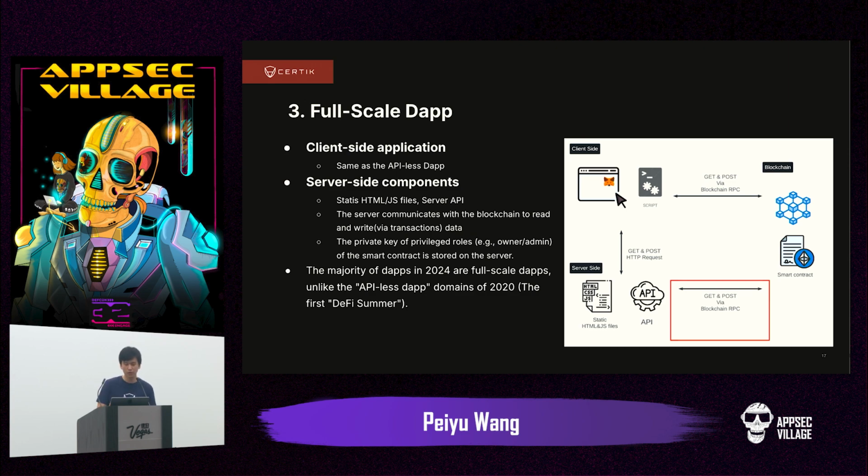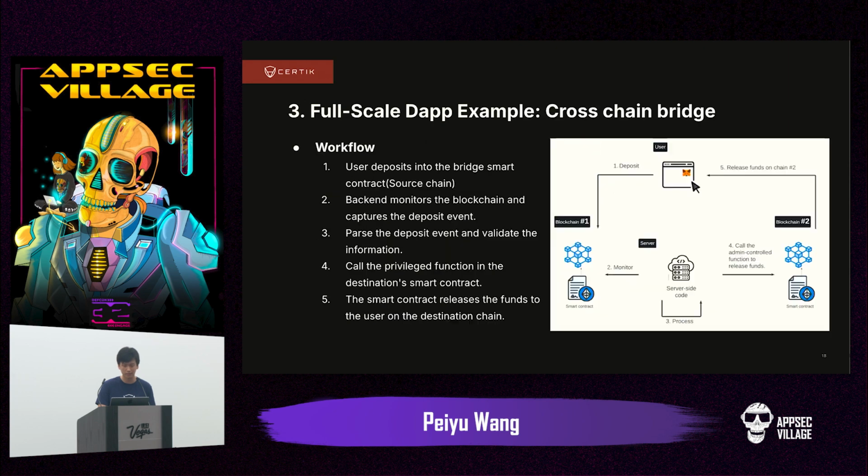So if you have a way to, for example, compromise the server or trigger some error, you're likely able to obtain that key from the server and completely transfer out all the money from the smart contract or cause very big damage. The majority of apps in 2024 are full-scale Dapps, compared to 2020, when there were a lot of API-less Dapps.